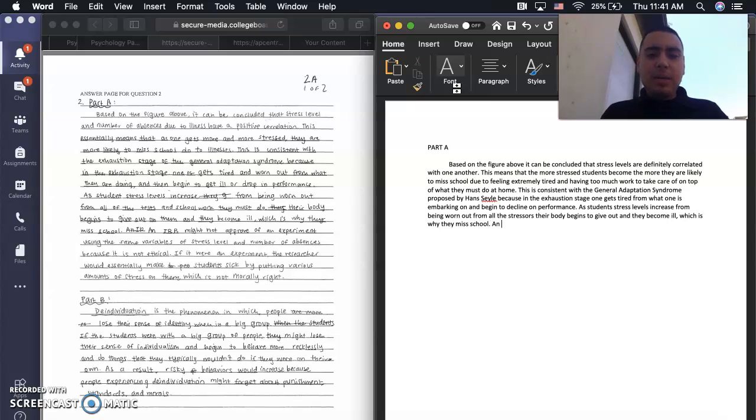So then an IRB might not approve this type of experiment because it is unethical to put students under stress on purpose to simply get data.